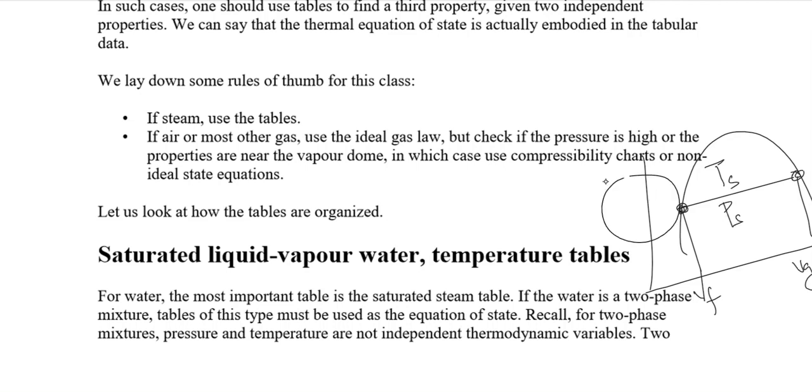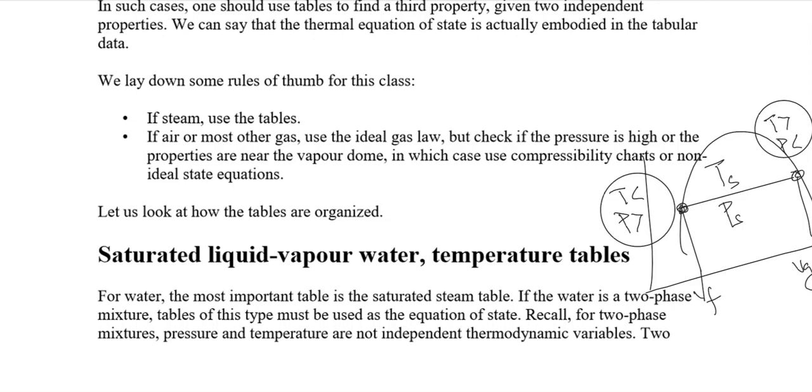Over here, the temperature would be less than saturation and the pressure greater than saturation. Over here, the temperature would be greater than saturation and the pressure less than saturation. So that's how we have divided our vapor dome.